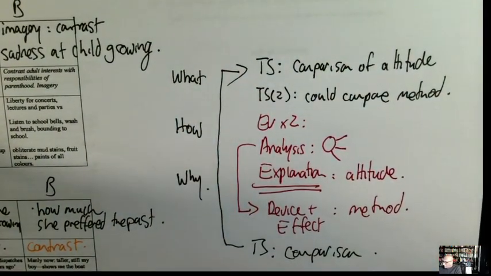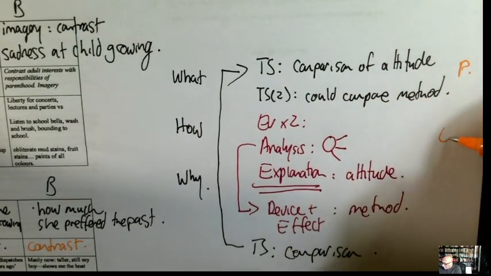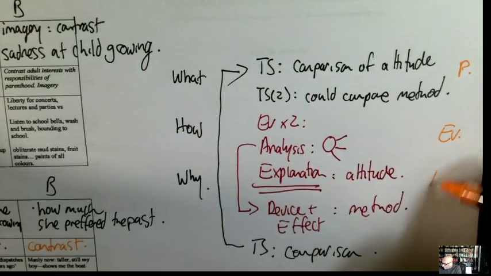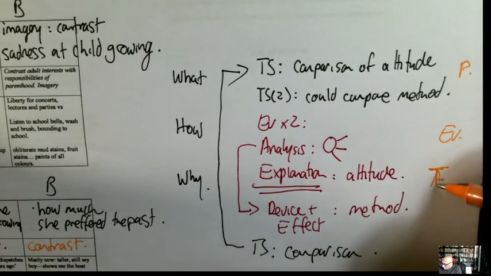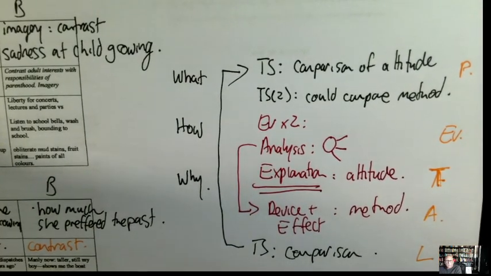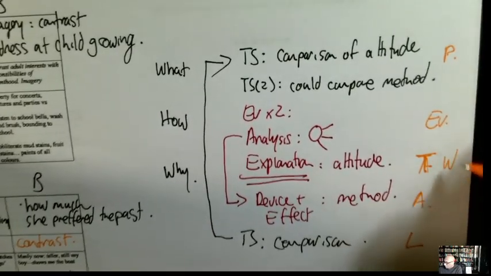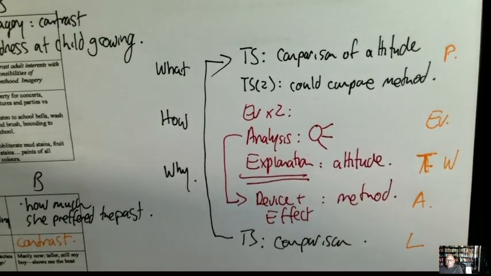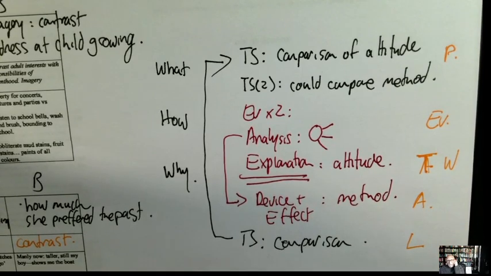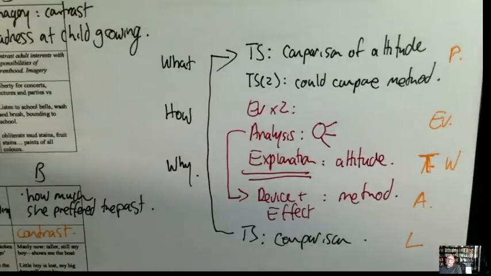If you like point, evidence, technique, analysis, link, those work too. We do PEE, whatever one you want to do. You can structure this paragraph. It's essentially an analytic comparative paragraph.